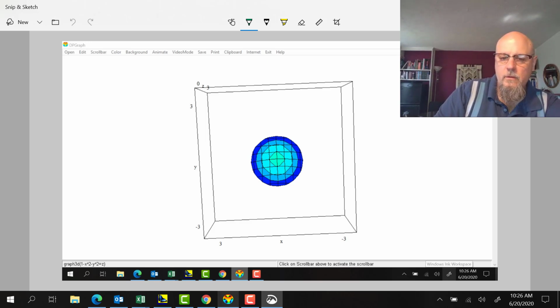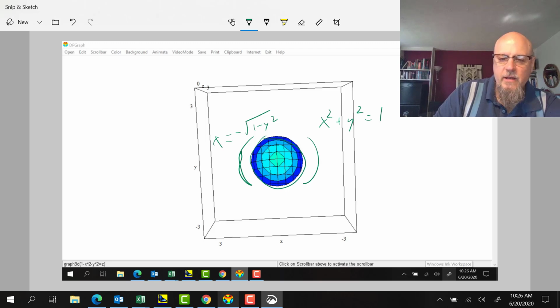The whole circle, this circle, is x squared plus y squared equals 1. But I want to solve this for x. So that's going to be x is equal to plus or minus the square root of 1 minus y squared. That's this side. This side is x equals plus the square root of 1 minus y squared.